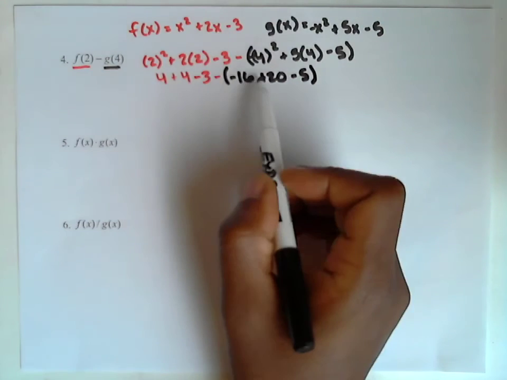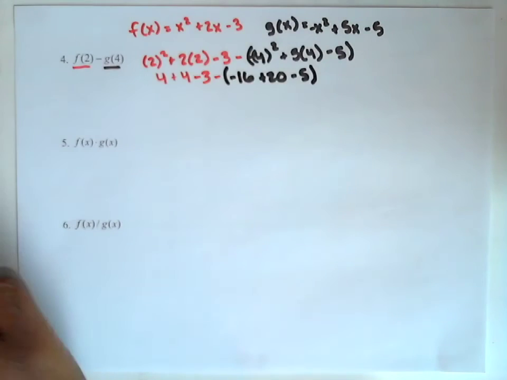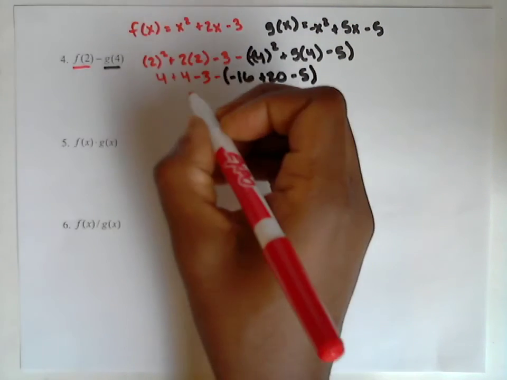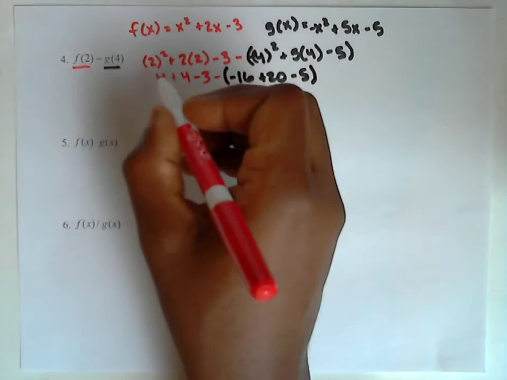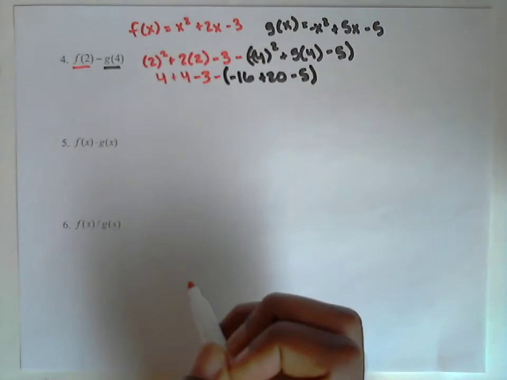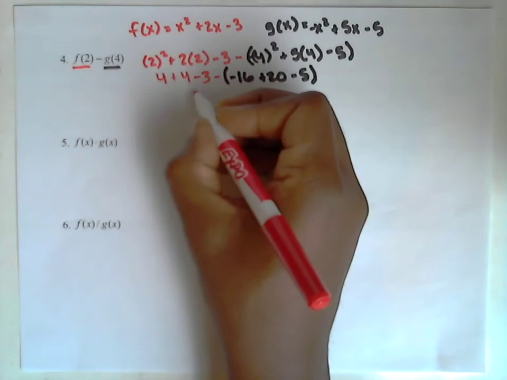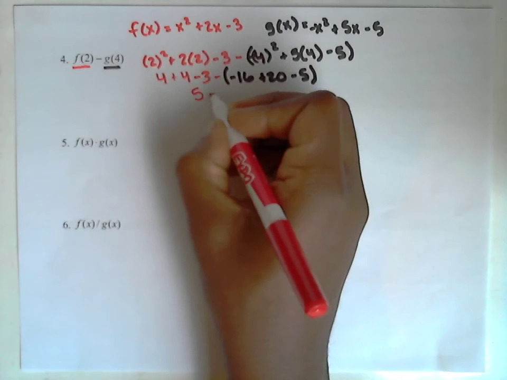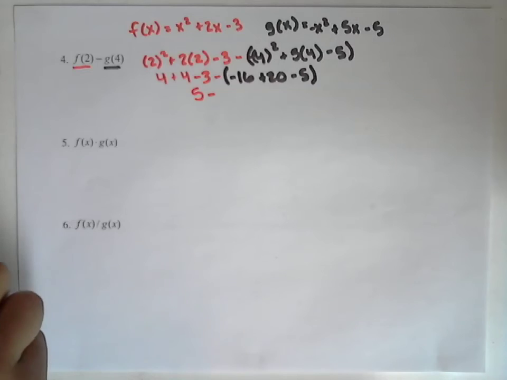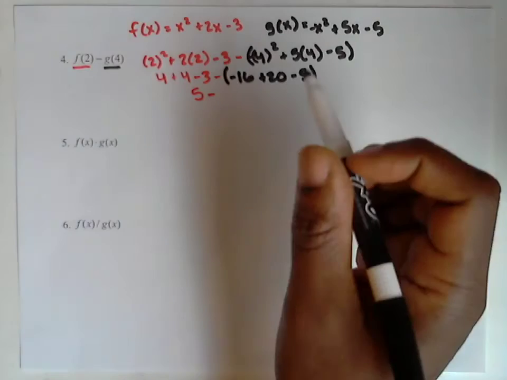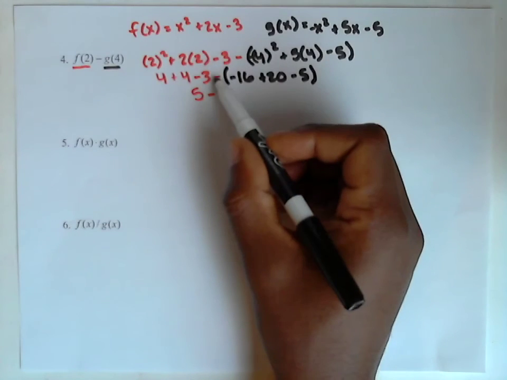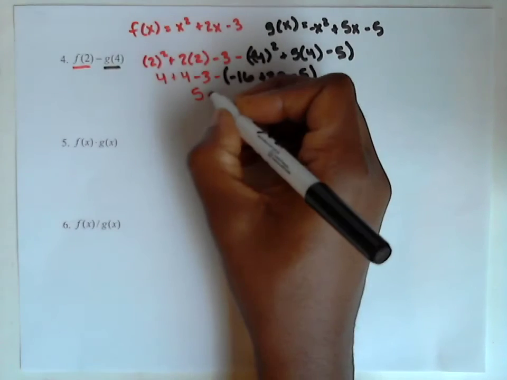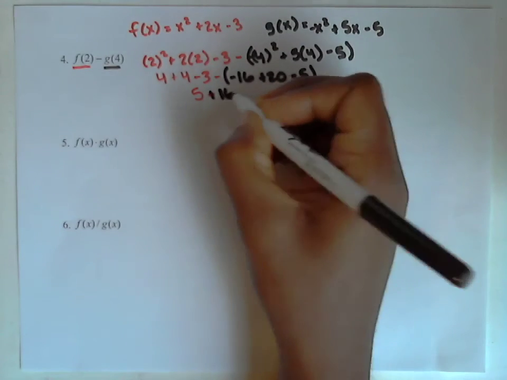Now that I've worked that portion out, I can distribute my negative. I'll bring my f of x down for the right, and actually I'll do a little more work on that. Basically, I've got 4 plus 4, so that's 8, minus 3, so that's 5, minus, and actually when I distribute my negative, this first one's not going to be a minus because I've got a minus 16, so it'll be a plus 16.